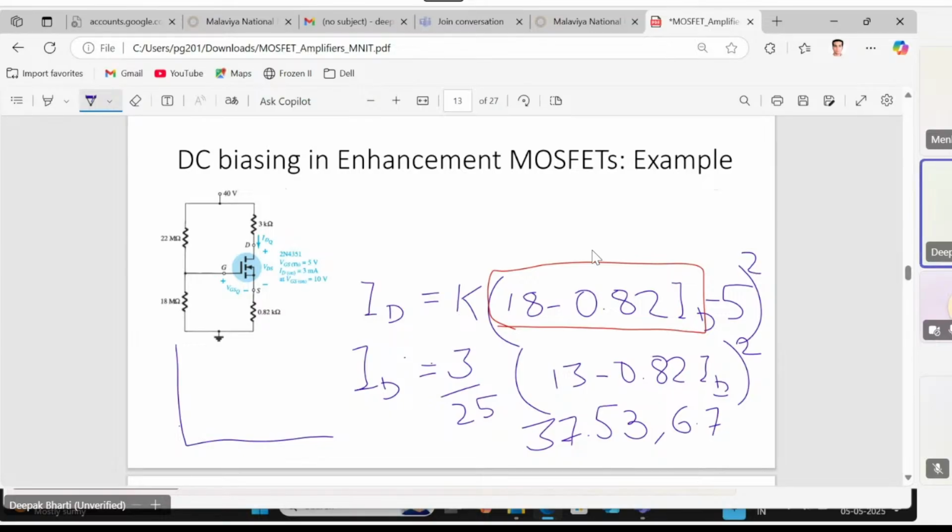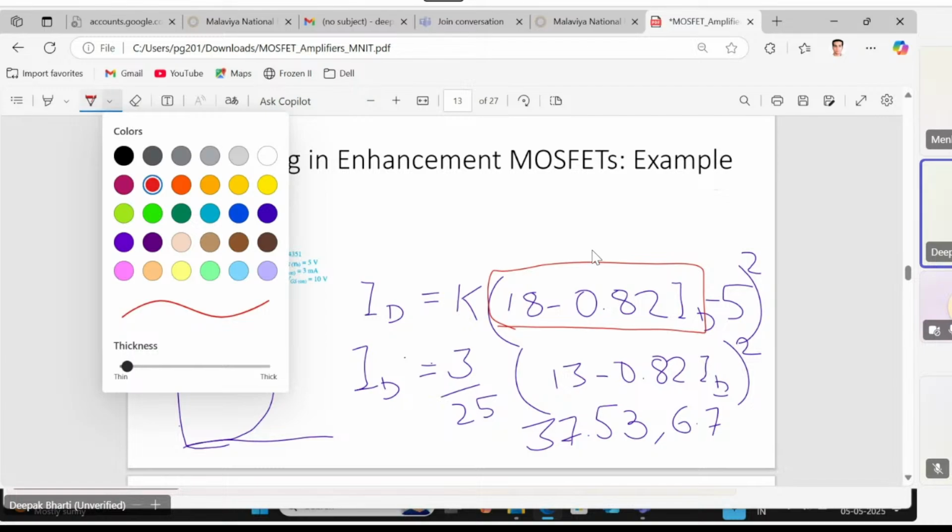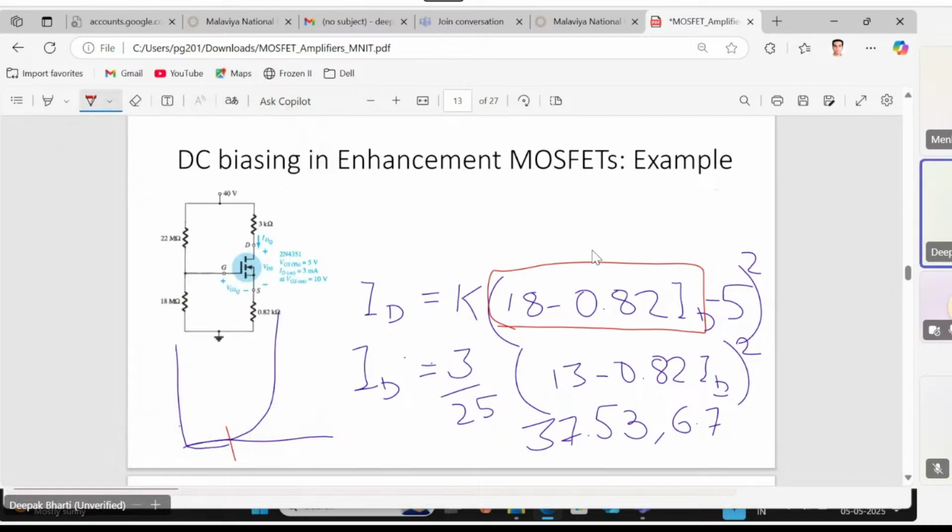The transfer curve of the enhancement MOSFET is also different from that of the depletion MOSFET. So how will this look? Up to VT volt there is no current, and after VT it rises in the quadratic form. This point here is the VT point.